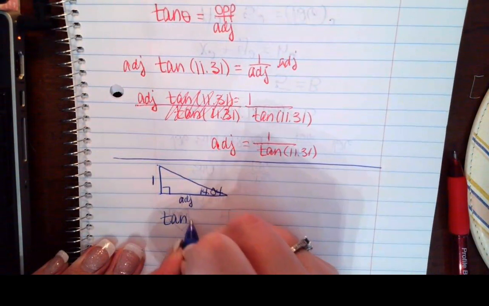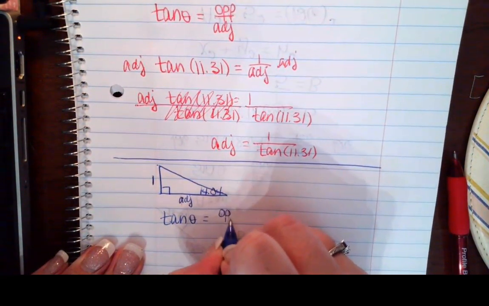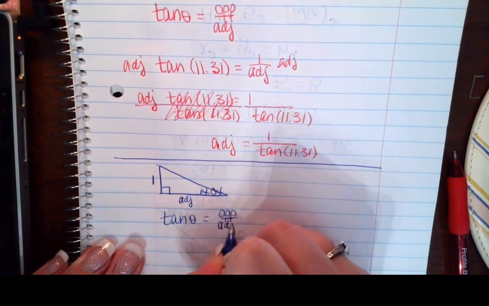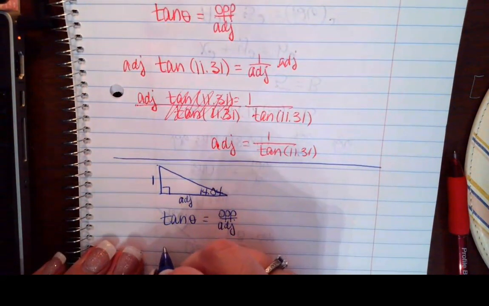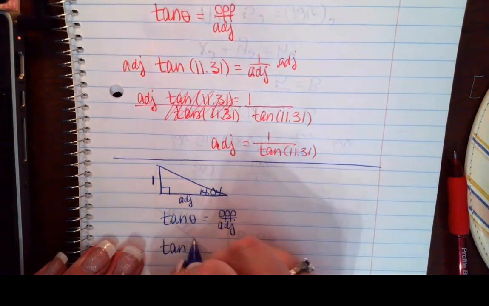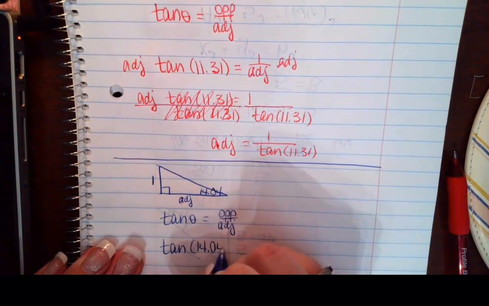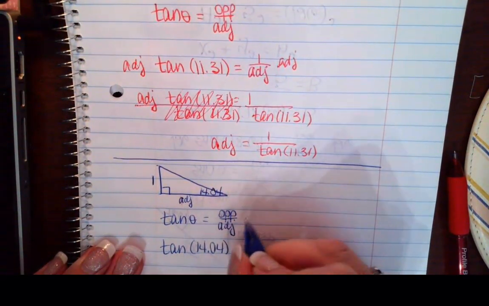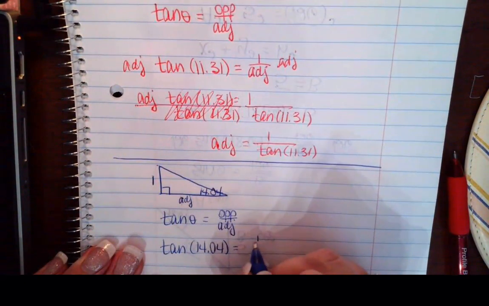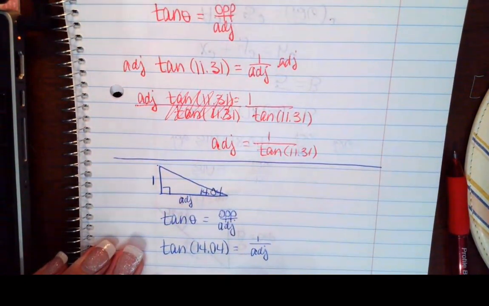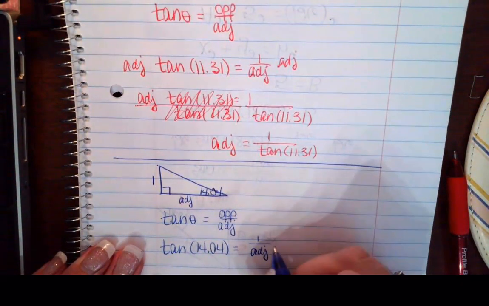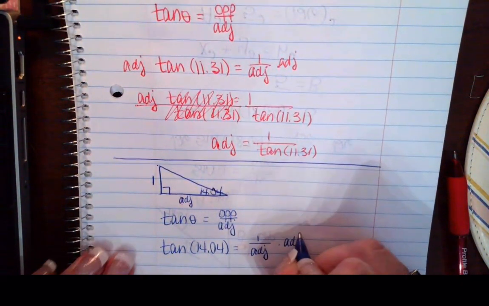So I have the tangent of theta is opposite over adjacent. What do I know? I know the angle measure equals opposite is 1 over adjacent is what I'm looking for. So I'm going to multiply both sides by the adjacent.